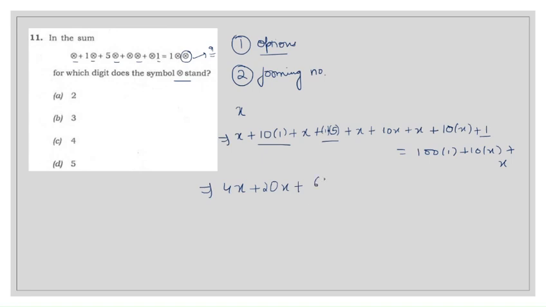So this will be equal to 61, and on this side we have 100 plus 11x. So after solving for x, this will be 24x, and then 24x minus 11x will be equal to 13x. Now we subtract 61 from 100, so we get 39. So x here will be equal to 3, which means that 3 is the correct option here.